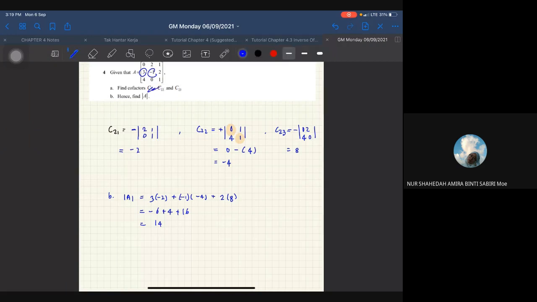Saya tak nak soalan ni, saya buang. So soalan minta awak cari minor of 2, 1, minor of 2, 2, and also minor of 2, 3. So what will be your answer for this one? Siapa nak cuba?